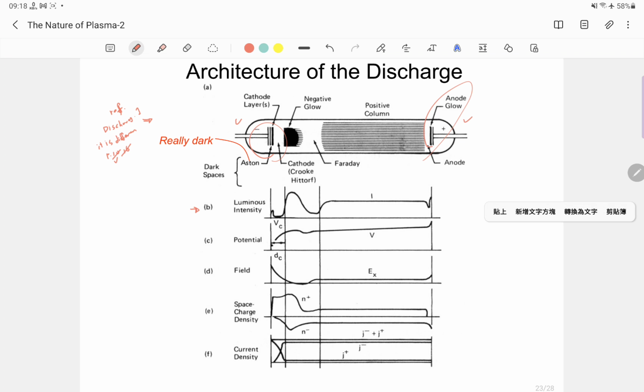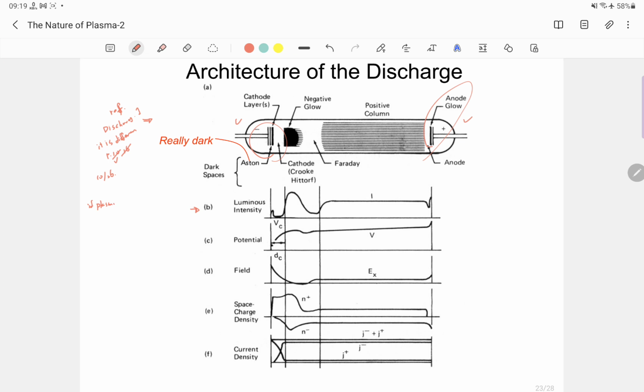The brightest luminous region is the negative glow, and the positive column is a uniform luminous region, but the positive column is not required for plasma or glow discharge. In the previous chapter, I have already talked about this.